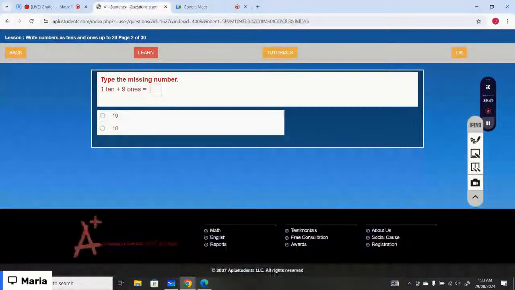Type the missing number: 1 ten plus 9 ones. So which is the correct option?